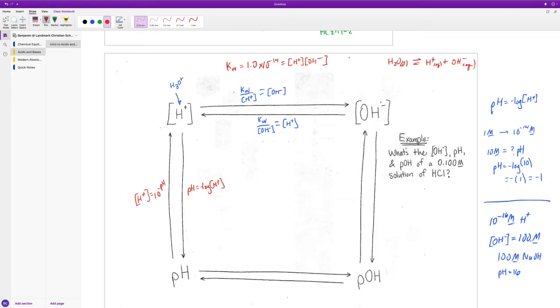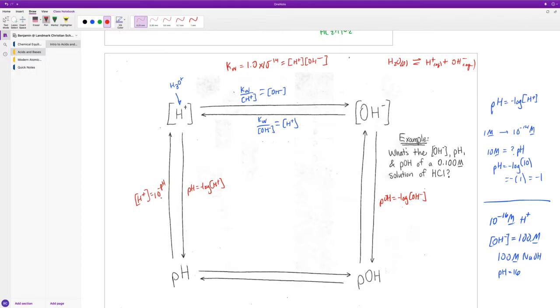And there is such a thing as pOH. If pH is the negative base 10 logarithm of H plus concentration, well, pOH is the negative base 10 logarithm of OH minus concentration. A lot of people know about pH, a lot fewer people know about pOH, but it's an equally valid thing to talk about in a solution, but people tend to talk about pH. So if you know OH minus concentration, pOH would just be the negative base 10 logarithm of OH minus concentration.